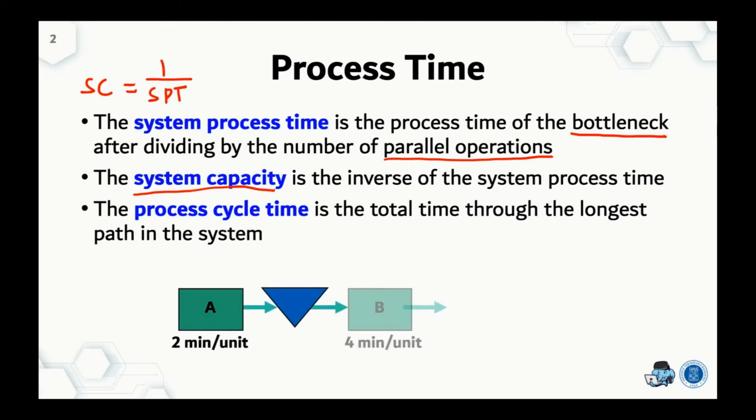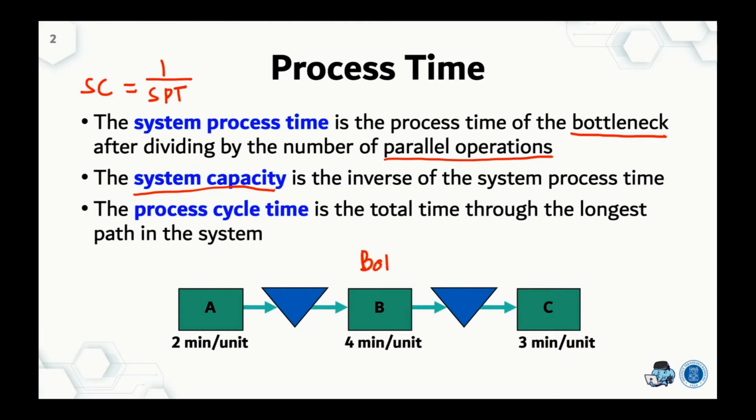Take a look at this example. There are three workstations A, B, and C, which have, in this case, different processing times for each workstation. Here, we can simply understand that B is the bottleneck. The system process time is the process time of the bottleneck divided by the number of parallel operations.